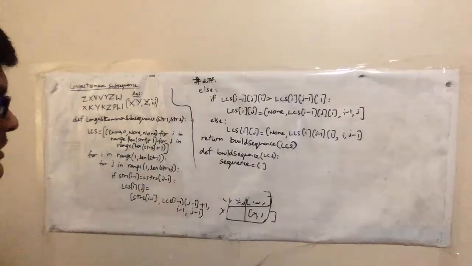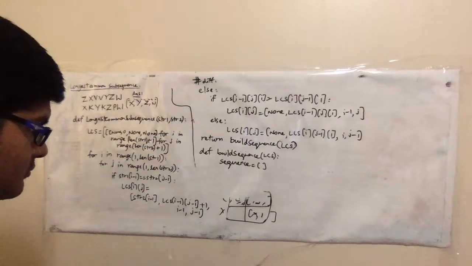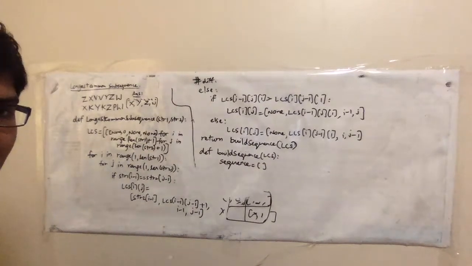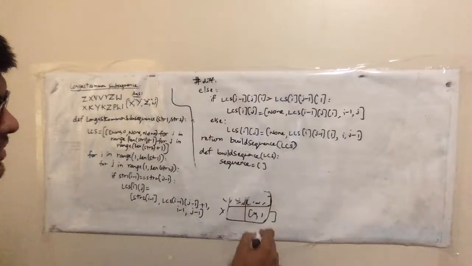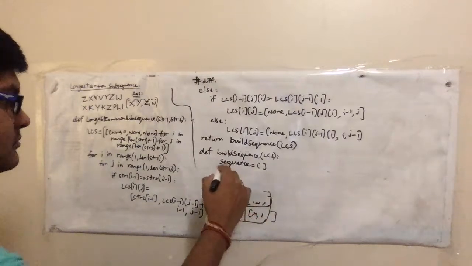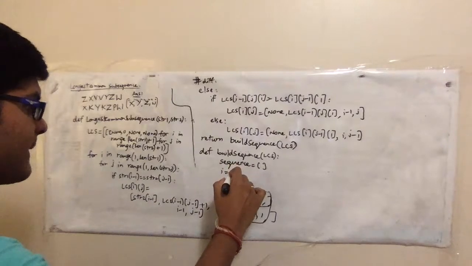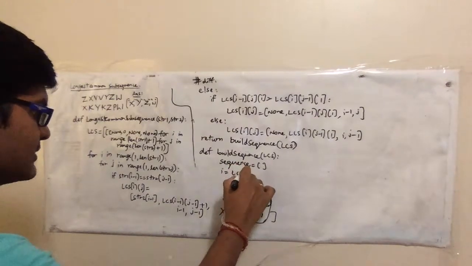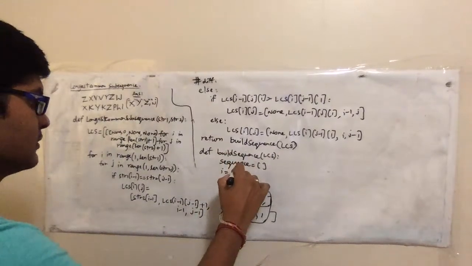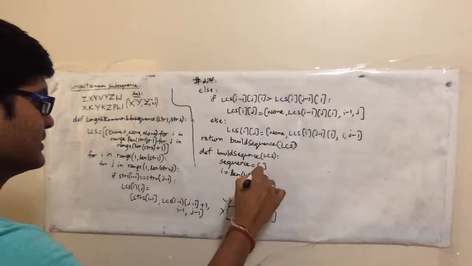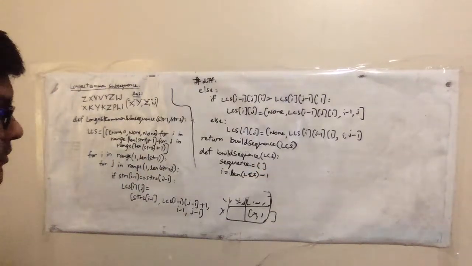We have initialized the sequence, and we can initialize the last element, the last column, like this. So the i and j index: i is equal to length of LCS minus 1. What will it give?